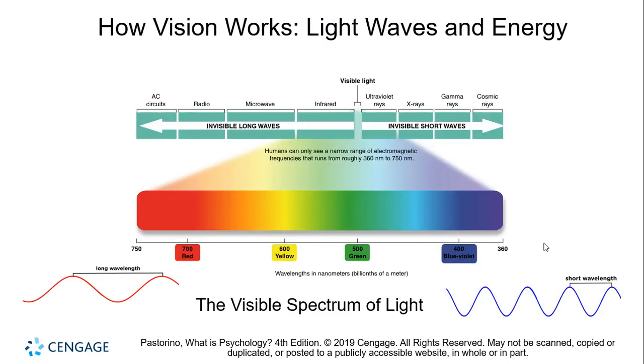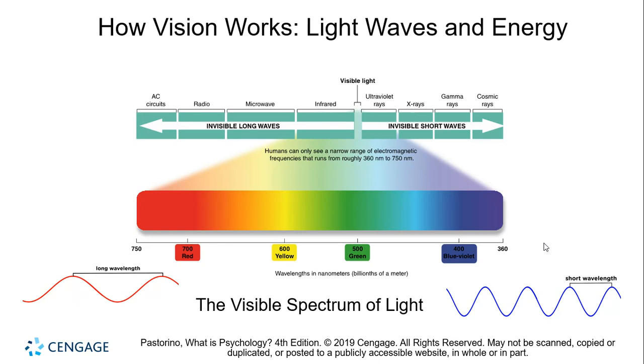Now, I want to talk a little bit more about your eye and light. I told you that your cones detect the wavelength of the light. Now, wavelengths have a lot of different lengths to them, different sizes of length.